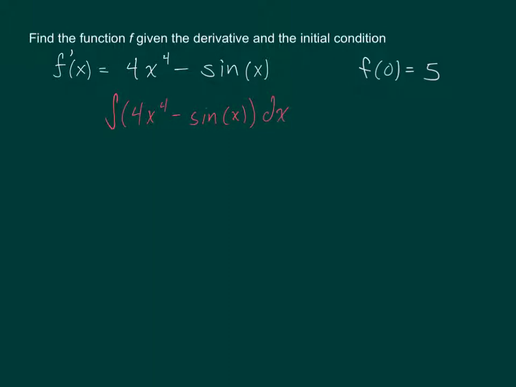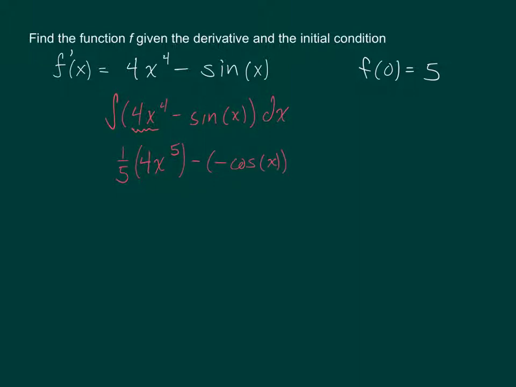So going through and figuring out this antiderivative, I know I'm going to have 4x to the fourth power, except it's not going to be the fourth power. I'm going to add 1 to that exponent. And then out front, I'm going to multiply this entire term by the reciprocal of this new exponent. And for the antiderivative of sine, I know that it is going to be negative cosine of x.